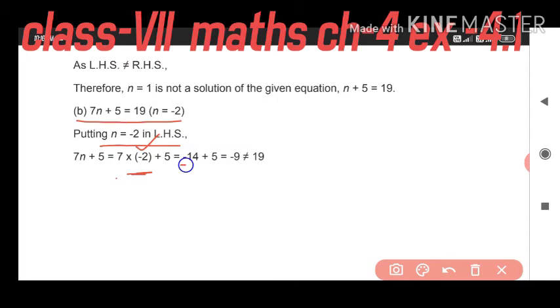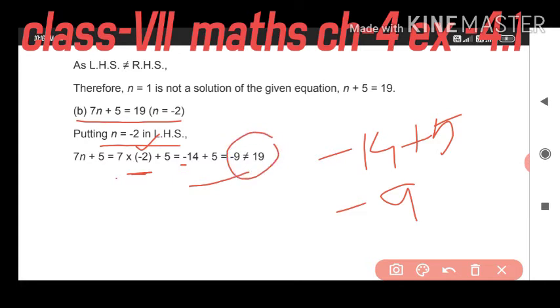Minus 14 plus 5 is equal to minus 9, isn't it? Now minus 9 is not equal to 19. So what you will write? Therefore n equal to minus 2 is not a solution of the given equation.